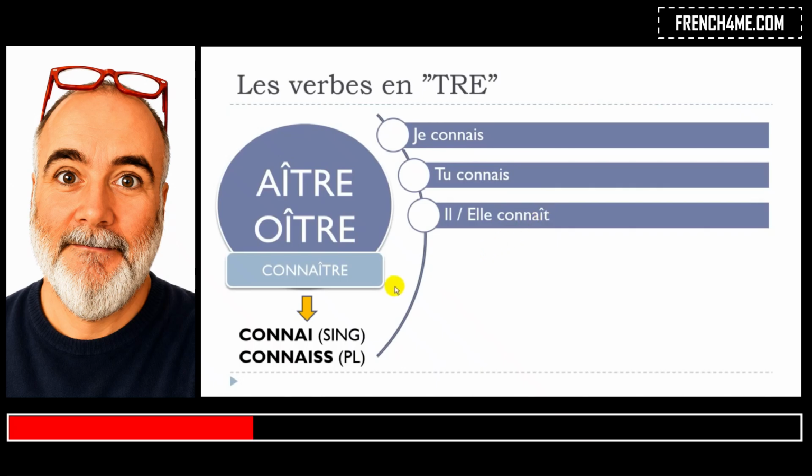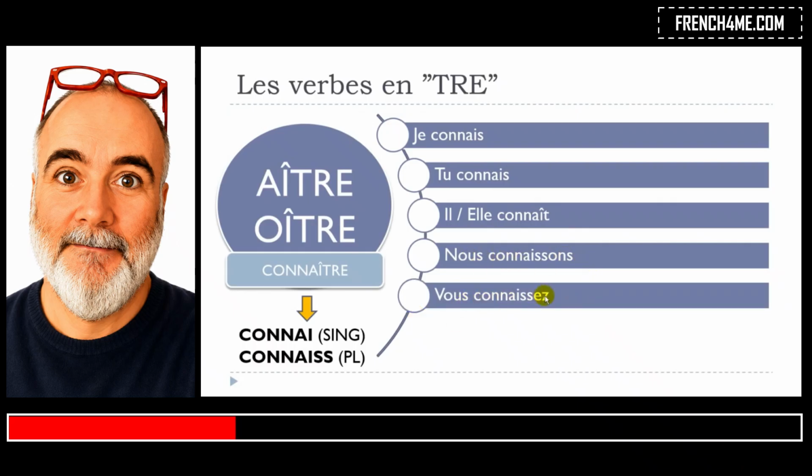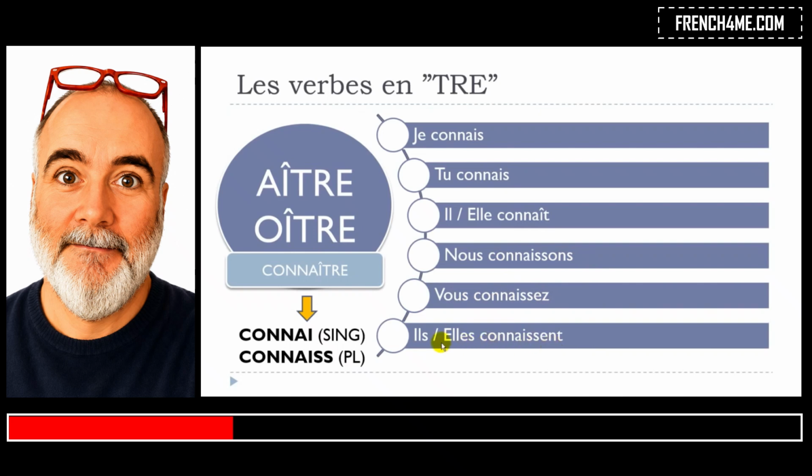For the plural form, keep in mind that we've got our stem here, our root connaiss, so we should put it back here and then add the ending ons. Nous connaissons, vous connaissez, ils connaissent, elles connaissent. Alright, so one more time, you just put for the singular this stem here, and then for je you will add s, for tu you will add s, for il you will add t.